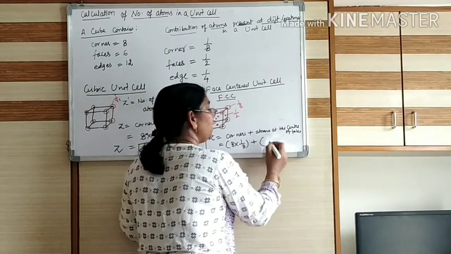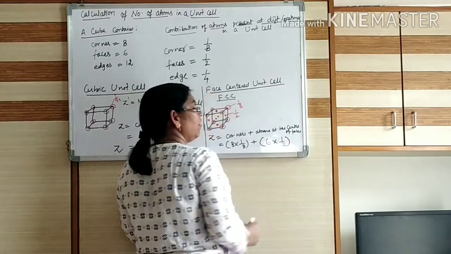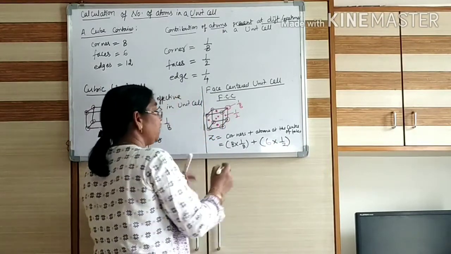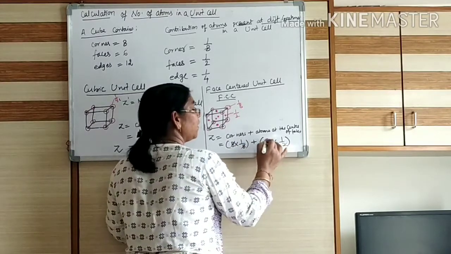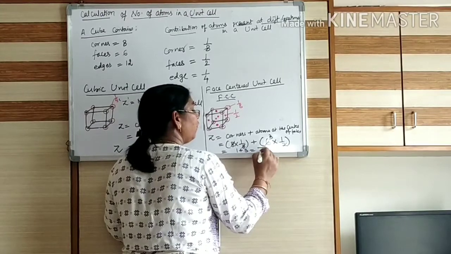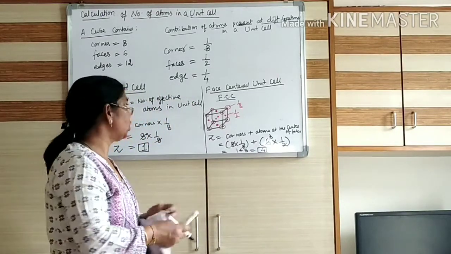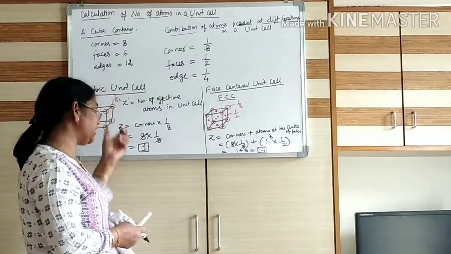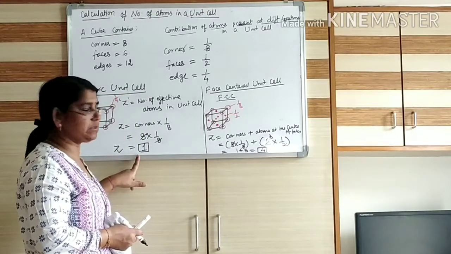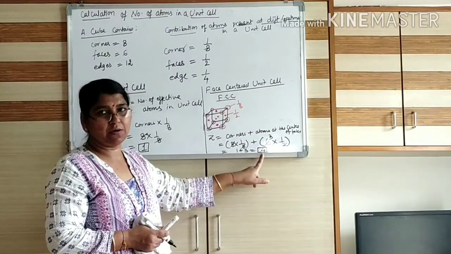Plus how many faces? 6 faces. How much does each contribute? Half. So what will be the answer? So answer will be 1 plus 3 is equal to 4. Z की value is 4 in this. So simple cubical primitive unit cell contains total effective atoms 1. Face centered contains effective atoms 4.